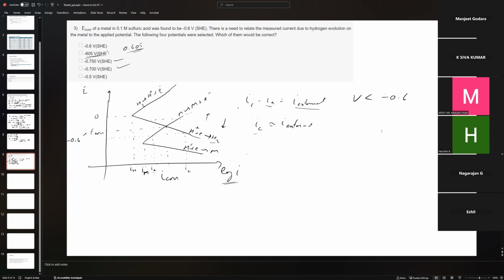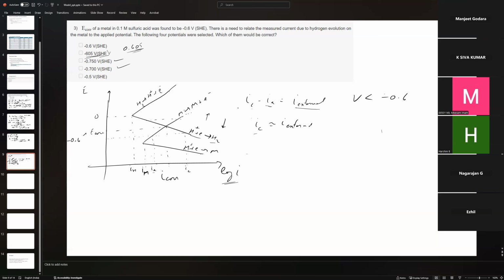I actually get your point. I marked second, third, and fourth, and the three are correct, so I haven't got marks in this question. But I feel that 605 also fits the case. Did you mark the second option?